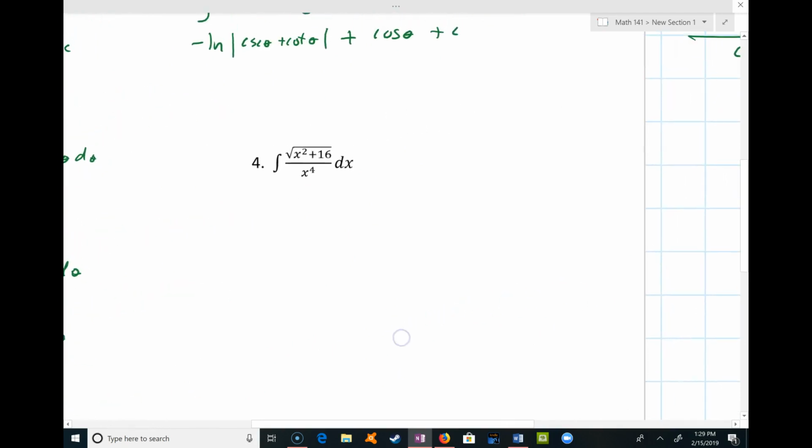Number 4, we got x squared plus 16. That makes me think of tangent. So I'm going to have x is equal to 4 tangent theta, which means dx is equal to 4 secant squared theta.